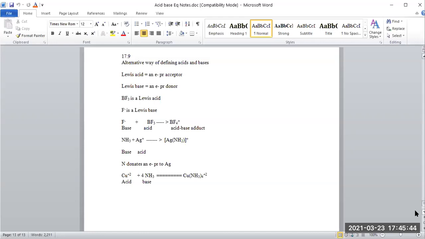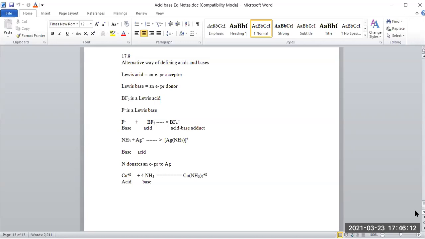But unlike a more traditional Bronsted-Lowry version, where you're trading a proton, or if you go back to the Arrhenius version, where acid and base gives you salt and water, this time your product gets referred to as an adduct. And it is a combination of things.